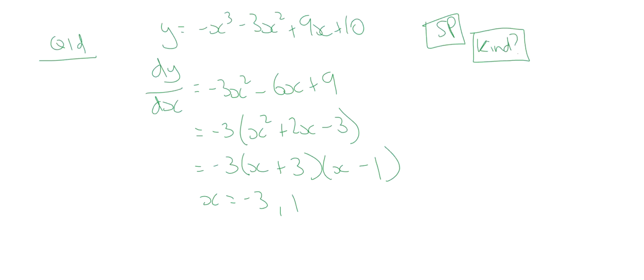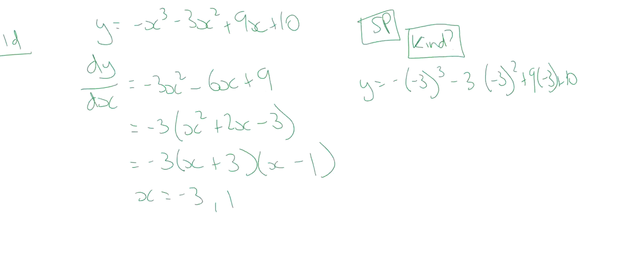So then y is negative 3 cubed minus 3 times negative 3 squared plus 9 times negative 3 plus 10. I'm just going to move the whole screen over a little. So negative 3 cubed is negative 27, but I've got another negative out the front, so it's positive 27.